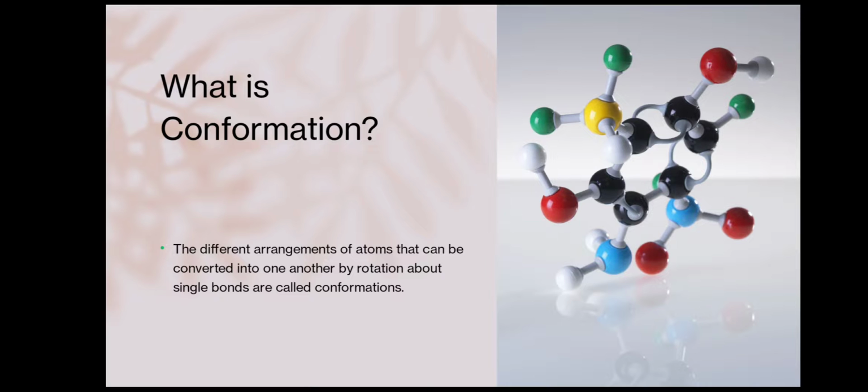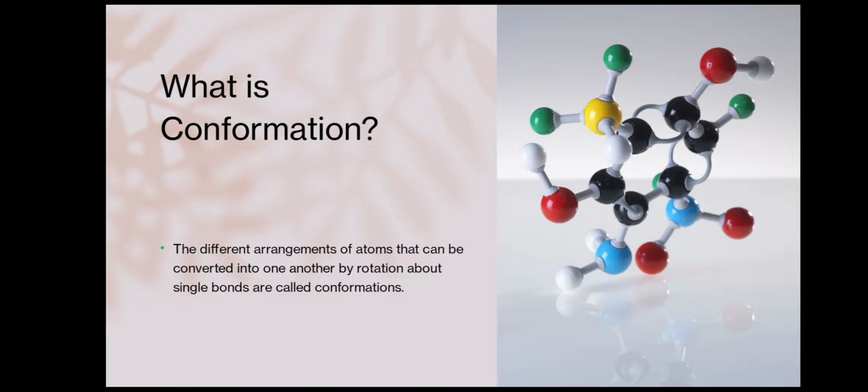When we pick up the carbon-carbon single bond and rotate the whole molecule about that bond, there will be different orientations of that molecule. When we rotate the molecule in varied degrees, different types of orientation will be formed, and those orientations are known as conformations.